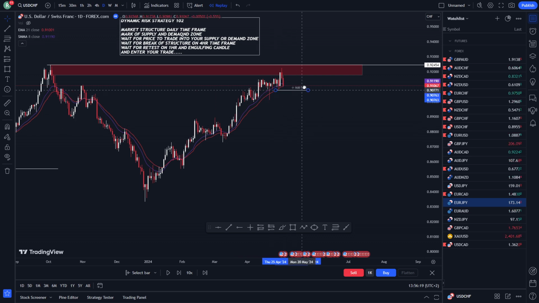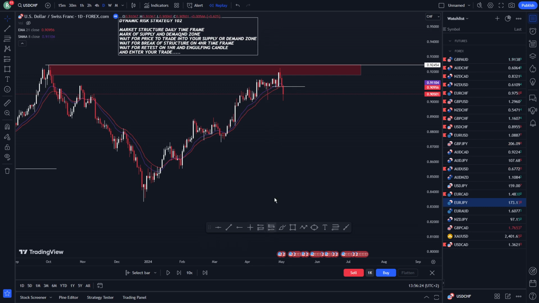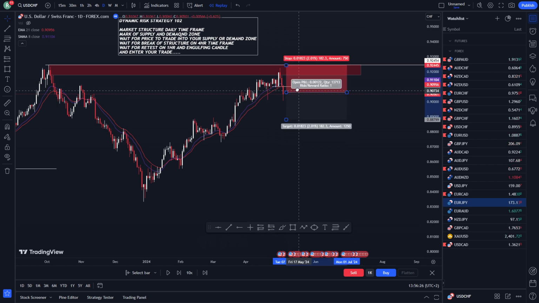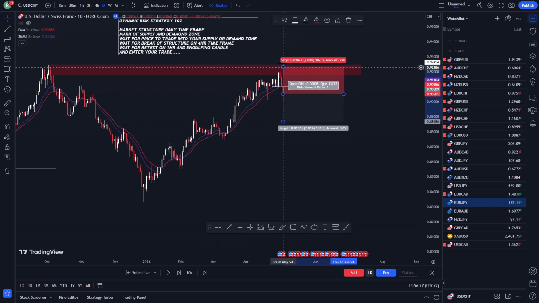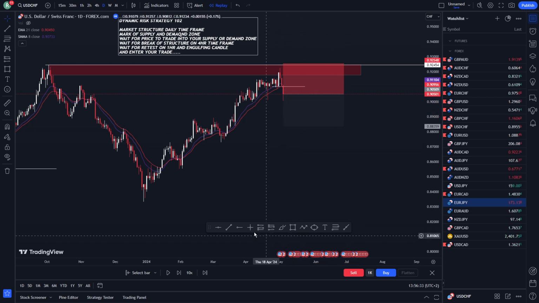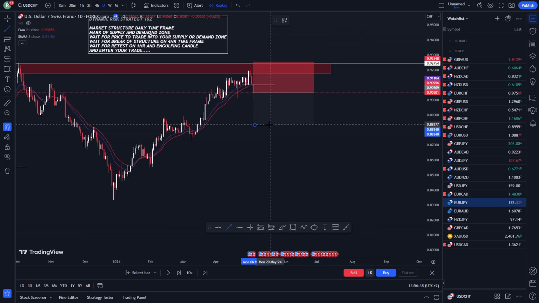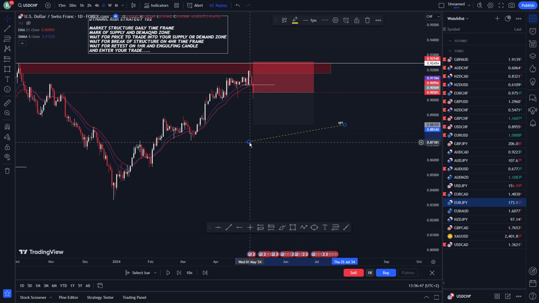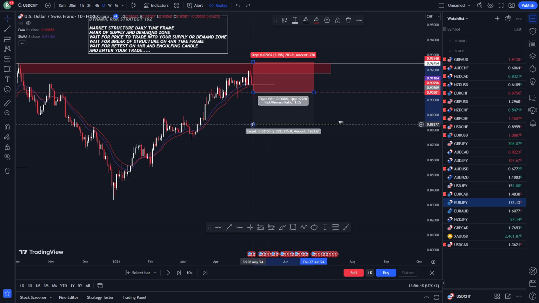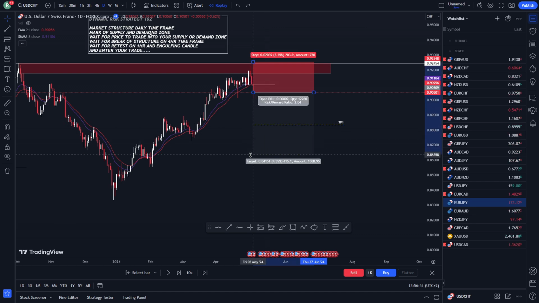Now I just have to wait for price to close under here. Then we're gonna take sells. Okay, yep, that's what we're waiting for. You actually have to wait for price to retrace back to this area, but this is more like an early entry. 1 to 1, just down there. 1 to 1. One, two, two. Let's go.